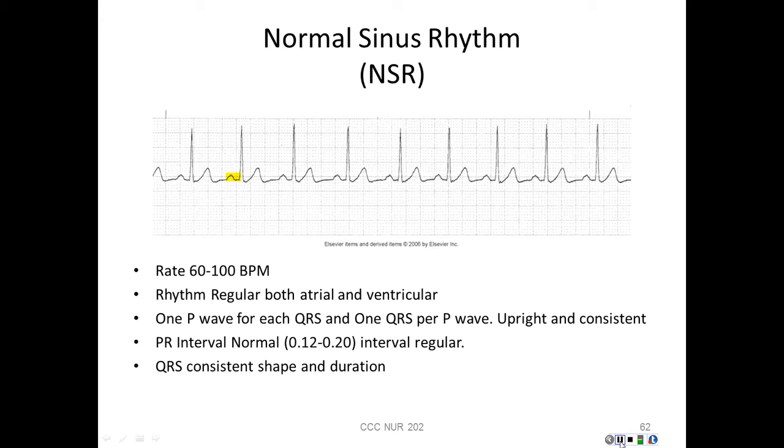That does not mean that on HESI exams you won't see second and third degree blocks. So I am going to mention those, but know that I will not be putting second and third degree blocks on the unit test.